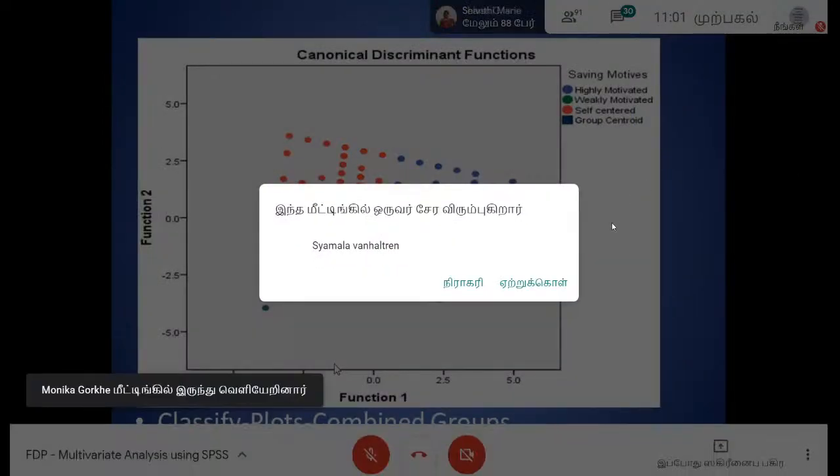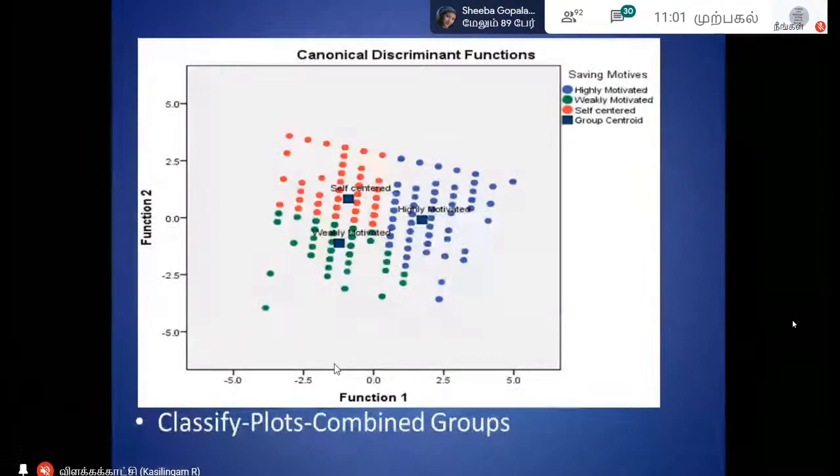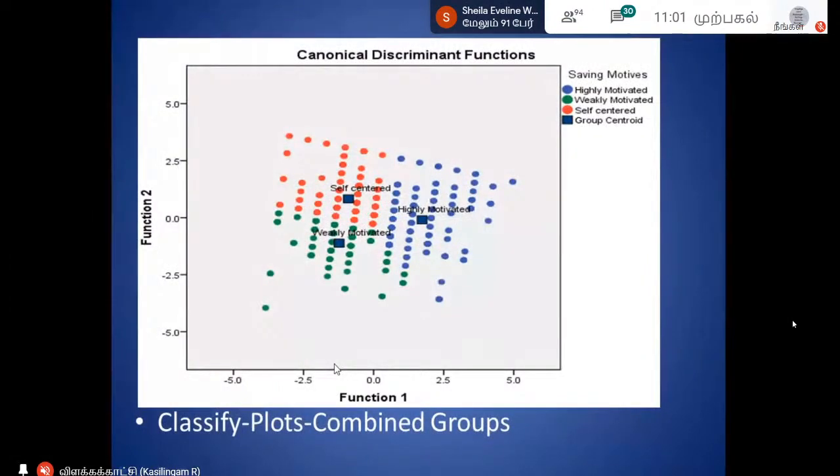Very good. So we have function 1, we have function 2. Now let us look at function 2. Let us draw a line from the center point to function 2. Among the weakly motivated and highly motivated, the difference is less. Whereas between weakly motivated and self-centered, the self-centered people have higher function 2 values.